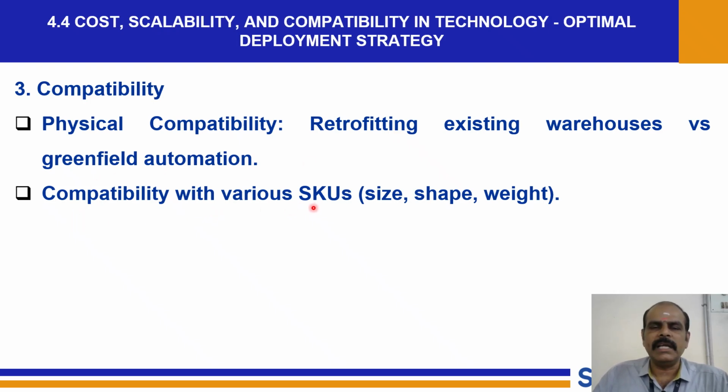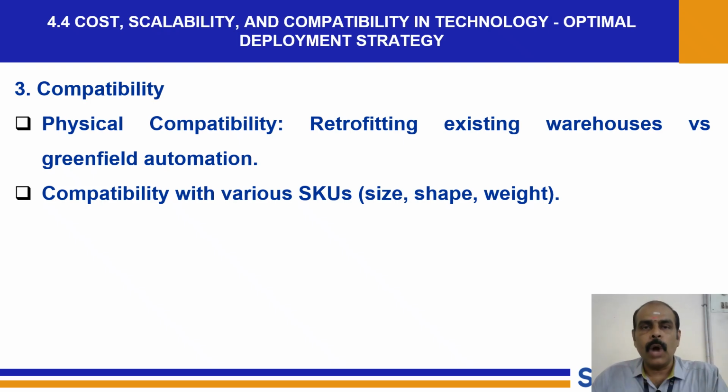Then compatibility with various SKUs, stock keeping units, maybe with respect to size, shape or weight. Another example I wanted to give is when demonetization was implemented in our nation. See, the size of the currency notes was different. Earlier, as you might know, the 500 rupee and 1000 rupee notes were there. Then the 1000 rupee note was completely abandoned, and even now we don't have any 1000 rupee note.